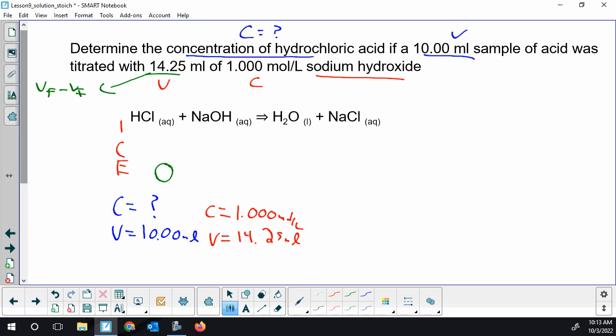When you have two reactants and you're figuring out how much of the other you must have, or the concentration of the other from the first, this is when there's no limiting reagent. They're both running out. And we can figure out the moles of sodium hydroxide, the red, and we can use that to figure out the blue. Because it's a 1-to-1 ratio, that's why some of you might skip the ICE table.